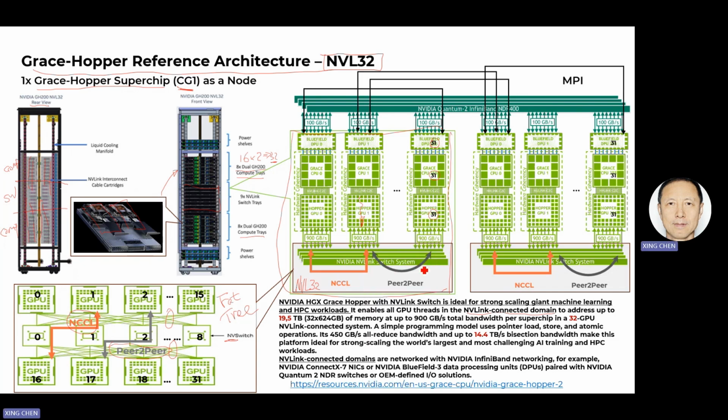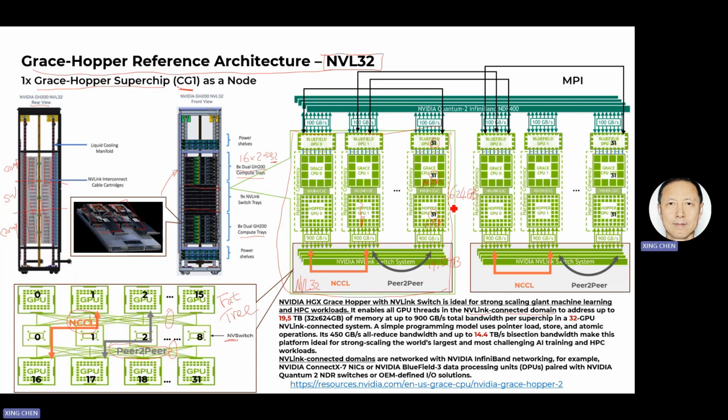The thread can access addresses up to 19.5 terabytes of memory, which is the sum of all the memory, because you have 32 nodes, and the sum of the host memory and the HBM memory, the GPU memory, is 624 gigabytes.